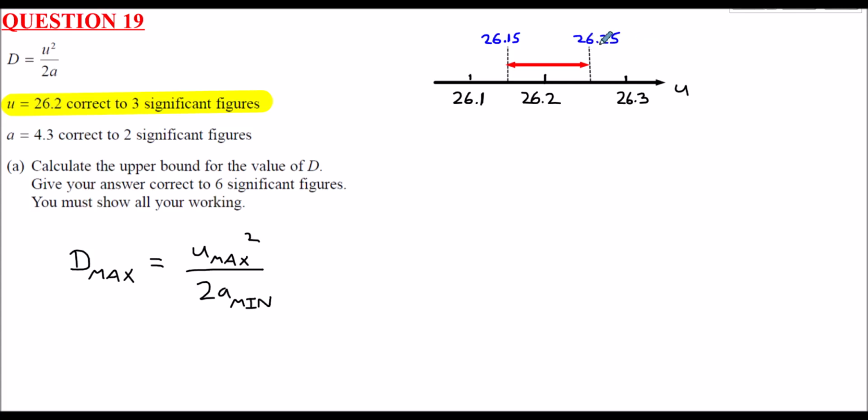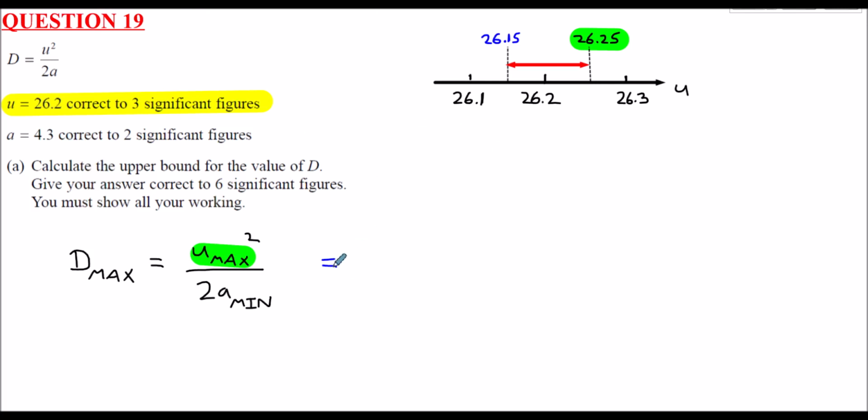It can be as near as damn it to 26.25. So we're just going to say that this is the absolute and utter maximum. Strictly speaking, it's not allowed to be, but because you can get infinitely close to it, we're going to just go with 26.25. So our u max, the absolute maximum for u, would be 26.25.